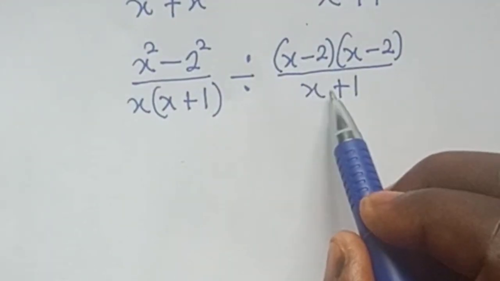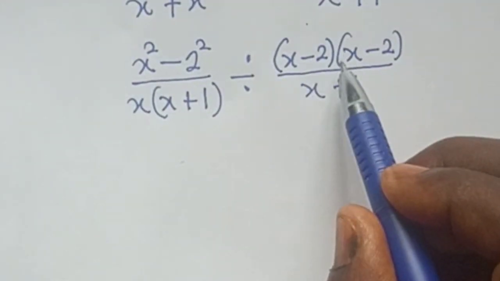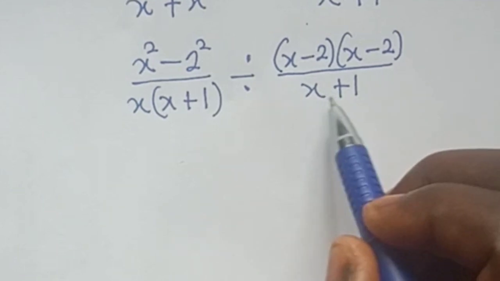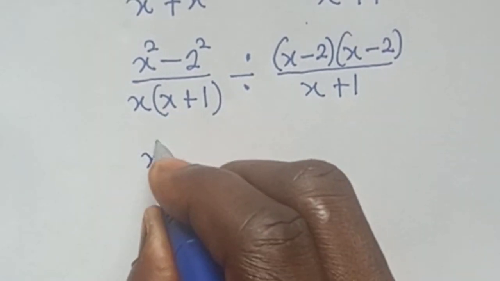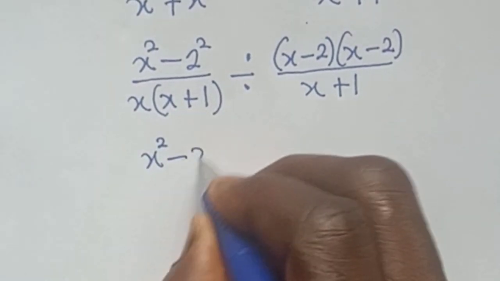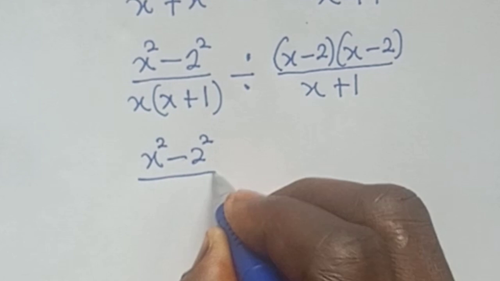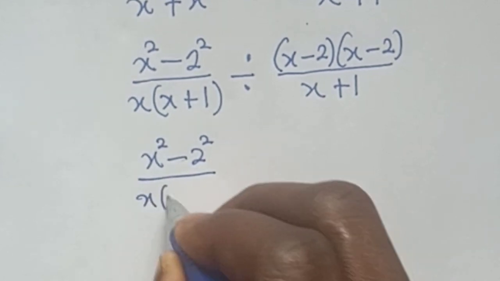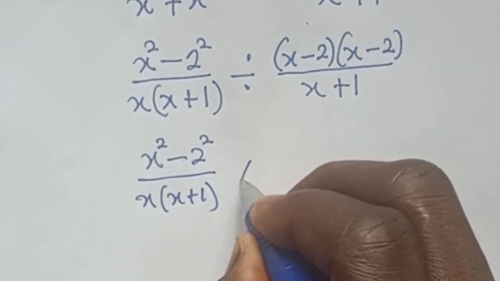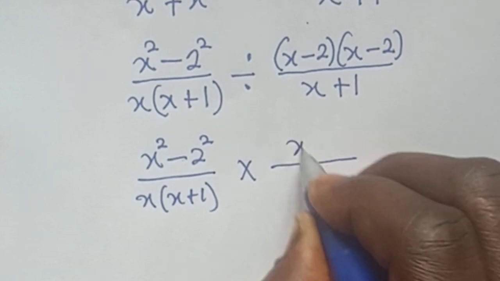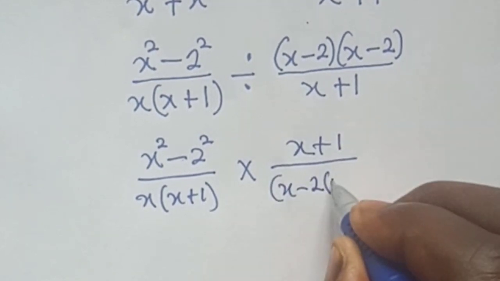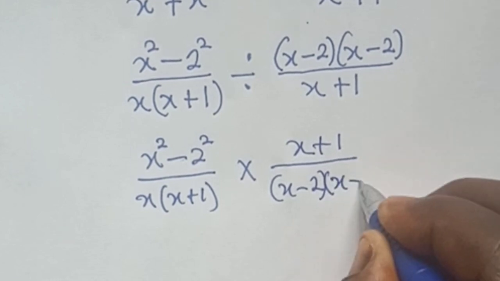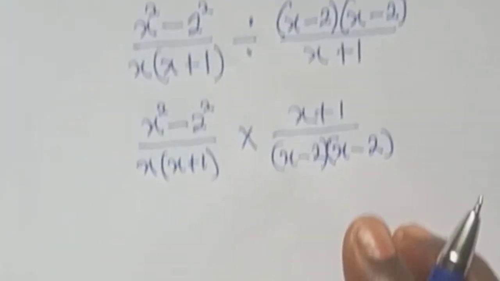So in the next line, we're going to flip the denominator for the numerator and the numerator for the denominator. And if we agree on that, this operation will be changed to multiplication. That is (x^2 - 2^2) all over x(x + 1) times (x + 1) over (x - 2)(x - 2).